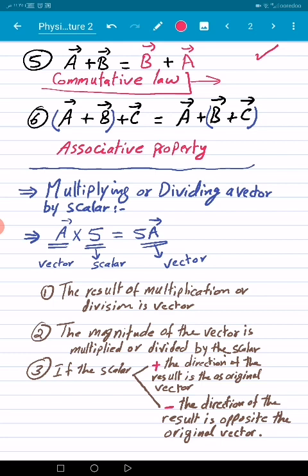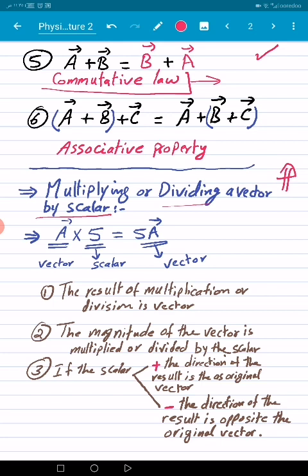Number 2 of our lecture today is multiplying or dividing a factor by a scalar. هي عبارة عن الضرب والقسمة للمتجه مع رقم, مع عدد.